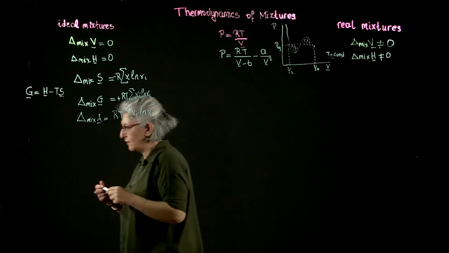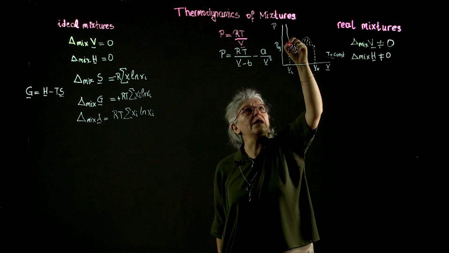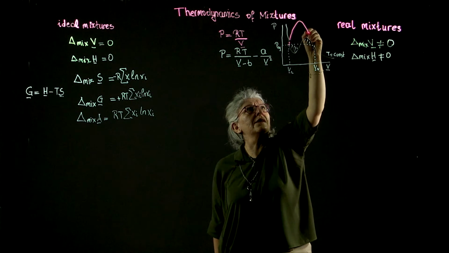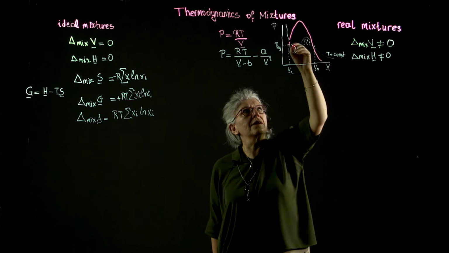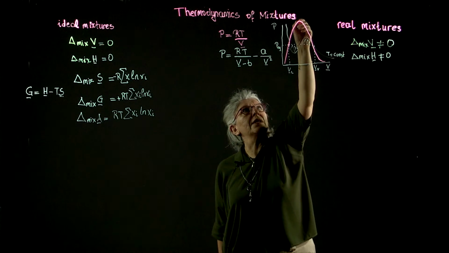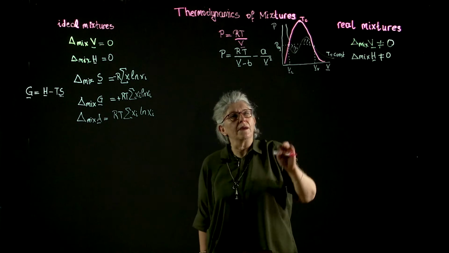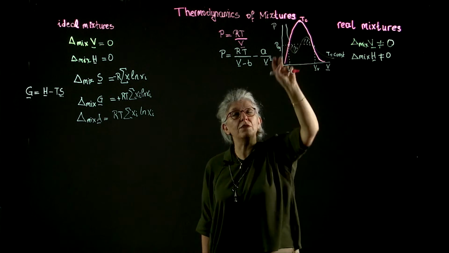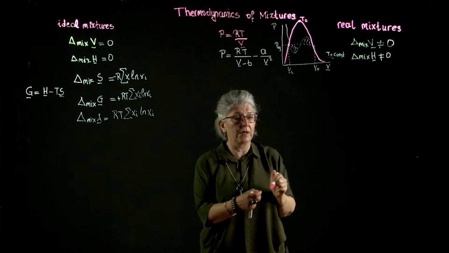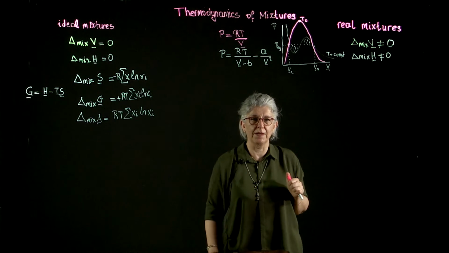And when I do this for a number of isotherms, I should be able to construct the vapor-liquid coexistence envelope. And here I have the critical point. In between, I have vapor-liquid equilibrium. So I can estimate vapor-liquid equilibrium of a pure fluid using the van der Waals equation of state.